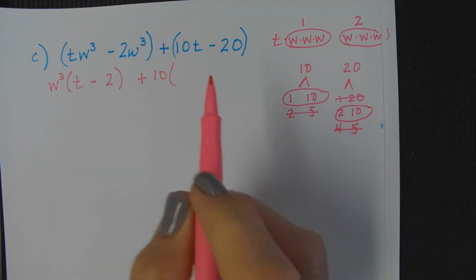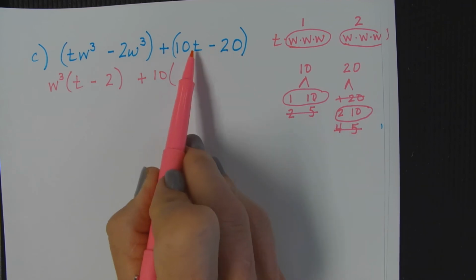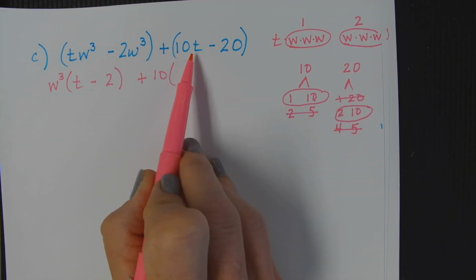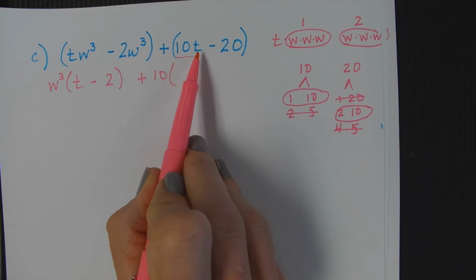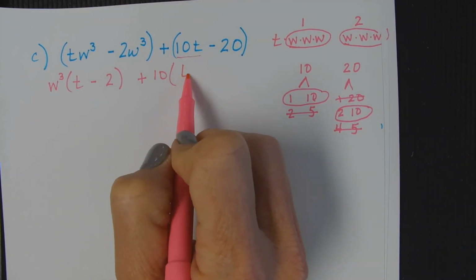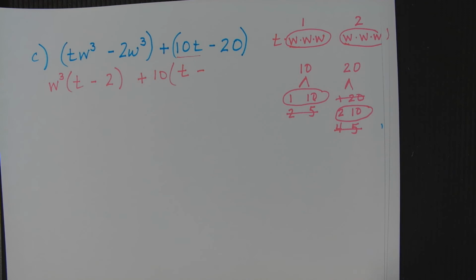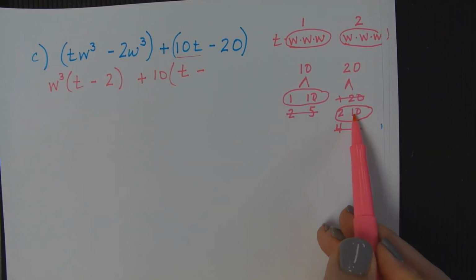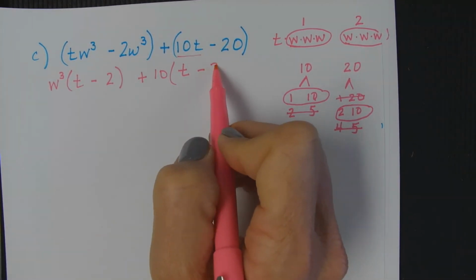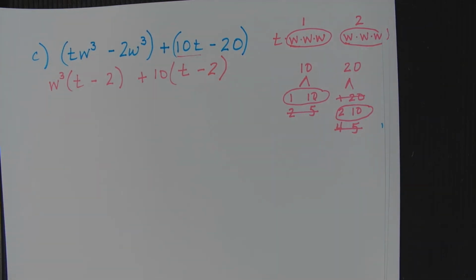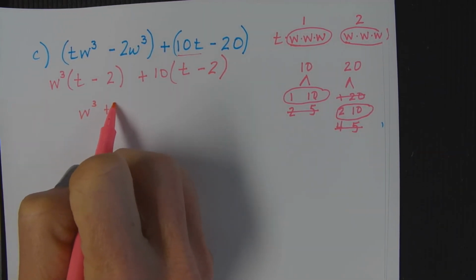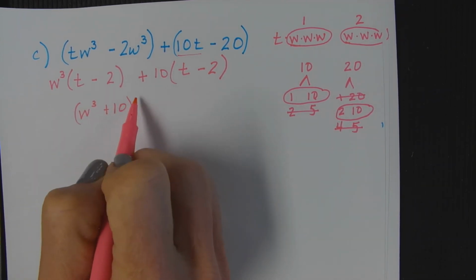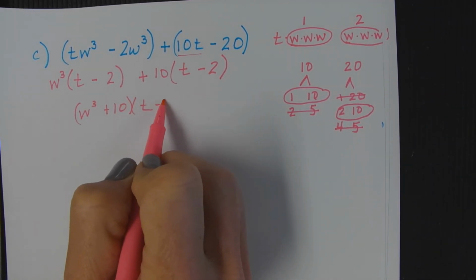Any variables? No. That has a T. That's our lonely T, right? So the only thing left in this term is simply what variable? T minus what's left out of this set? 2. Do you see how cute that is? Here's our answer. W to the third plus 10 times T minus 2.